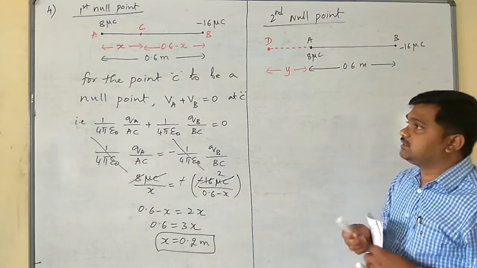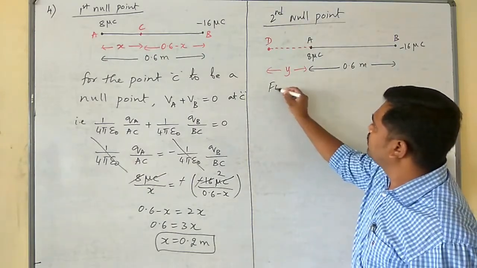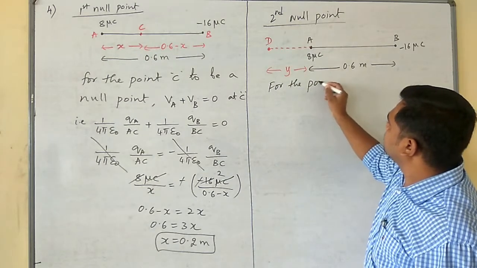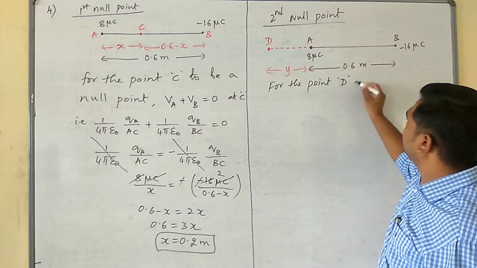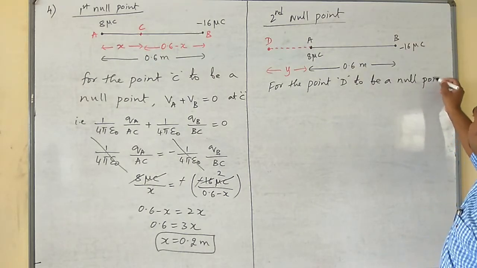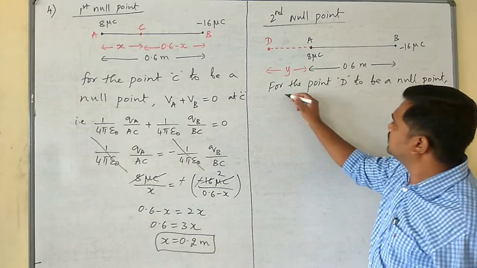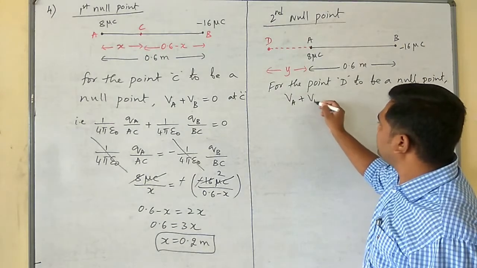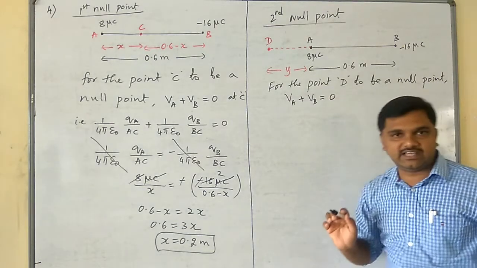Same dialogue: for the point D to be a null point, VA plus VB should be equal to 0.